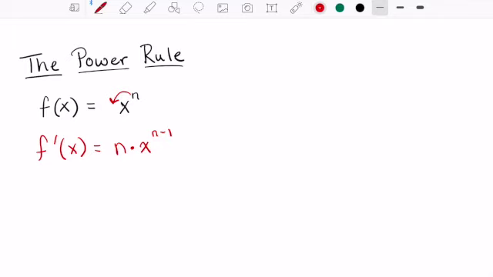So this will always happen. We will always decrease by 1, no matter what our exponent is. And we will multiply that exponent that we brought down to the coefficient of whatever is in front of our variable. So it's very simple. Let's jump in and start looking at a couple of problems.